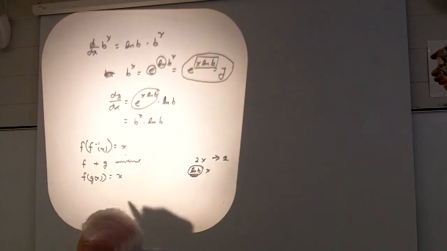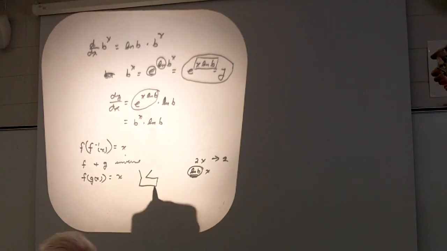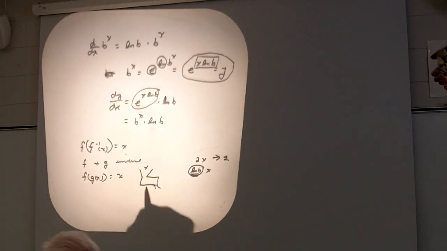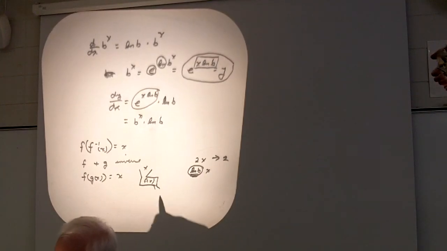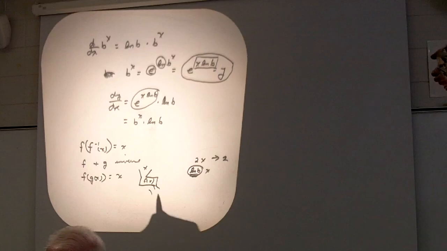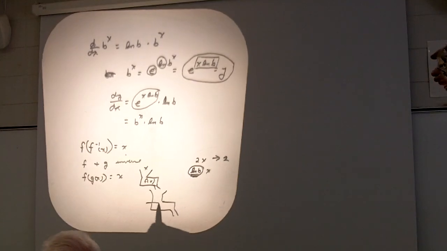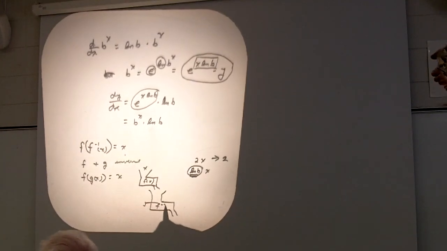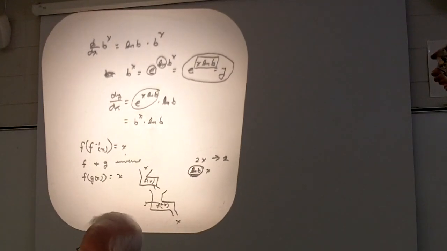In other words, here's my little function machine. And throw an x in here. This part of the function is f of x. Out comes that, and then I put another machine here which undoes whatever I had in here. This is a terrible machine. This is f inverse of x. And if I put an x in here, I'm going to get an x back out. Okay?